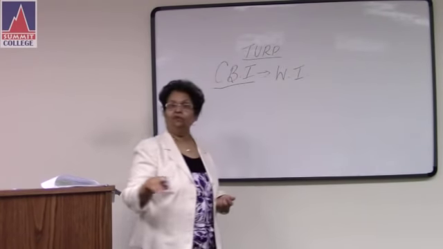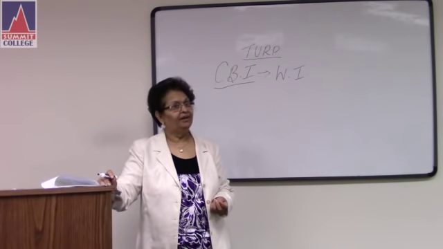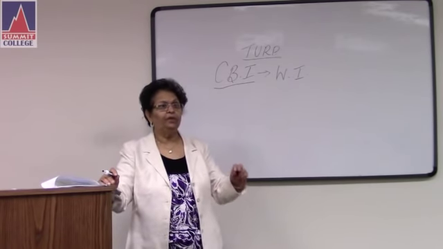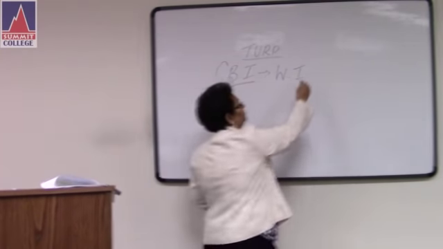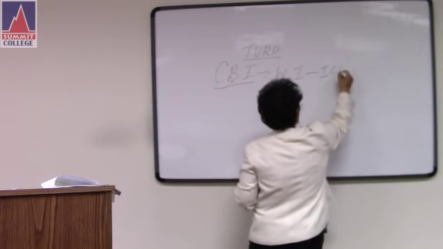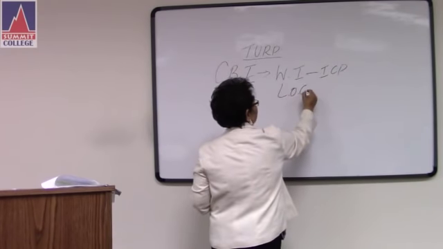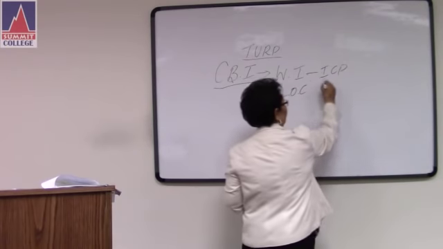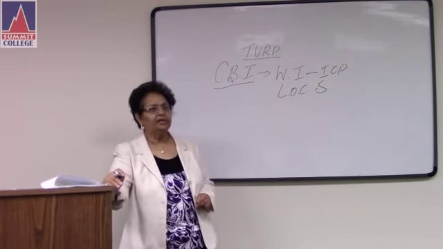You're giving too much fluid. What do you monitor in the patient here? Water intoxication. Too much fluid leading to too much water. What is water intoxication? ICP. What do you monitor here? Level of consciousness. What are you preventing here? Seizure. Are we clear?